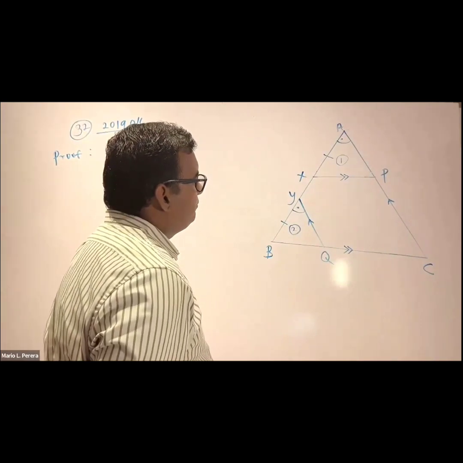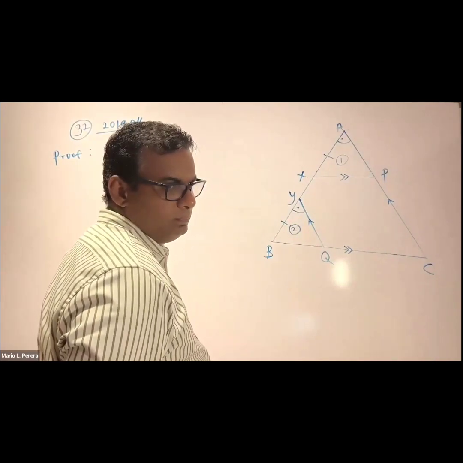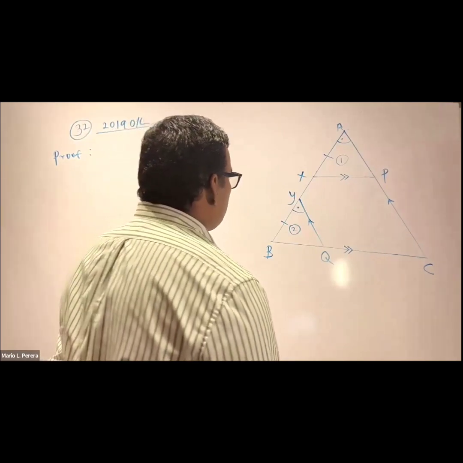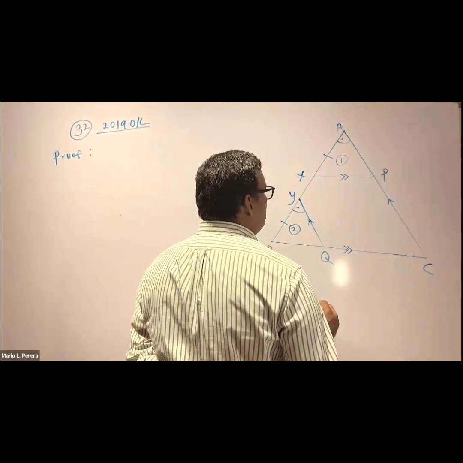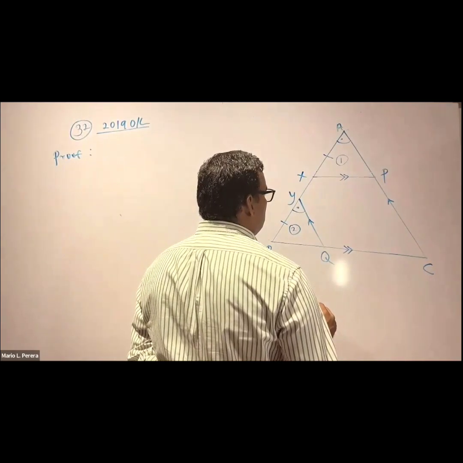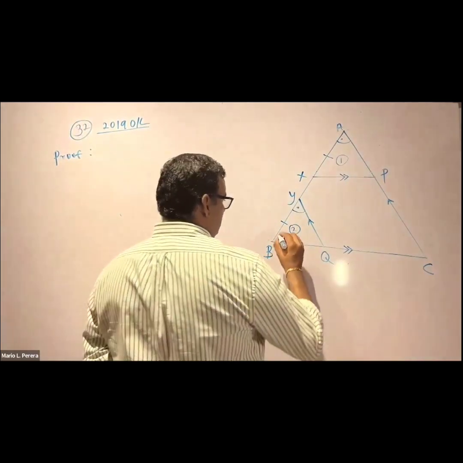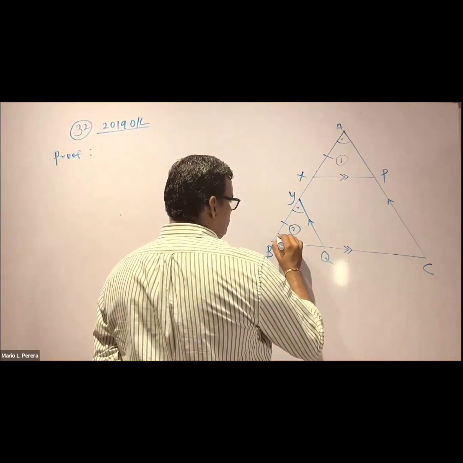What else is equal? YBQ, okay, to AXP. Yeah, that's another F shape this way.